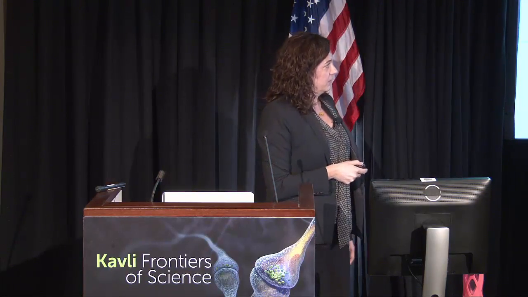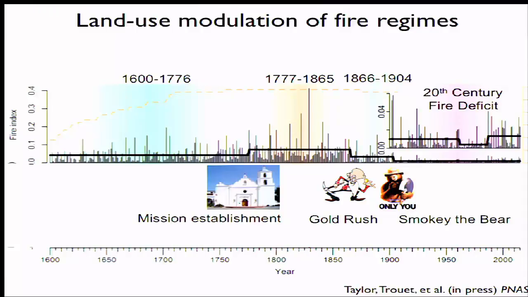With the establishment of the missions in 1769, two things happened. One, the missionaries brought a lot of diseases with them, as you probably know better than me, and the Native American population was decimated. And two, they had strict policies that would not allow the Native Americans to burn the land.